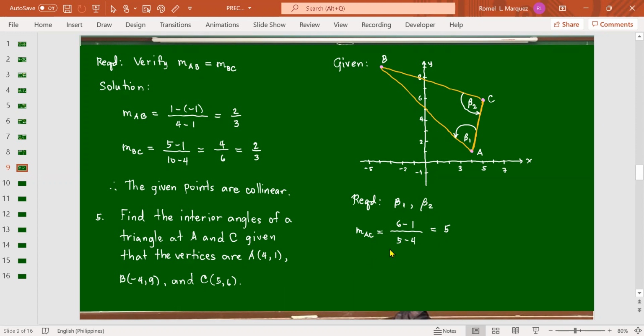What about the slope of AB, guys? 9 minus 1 all over -4 minus 4. Am I right, guys? Yes, sir. Is it -1? Yes, sir.